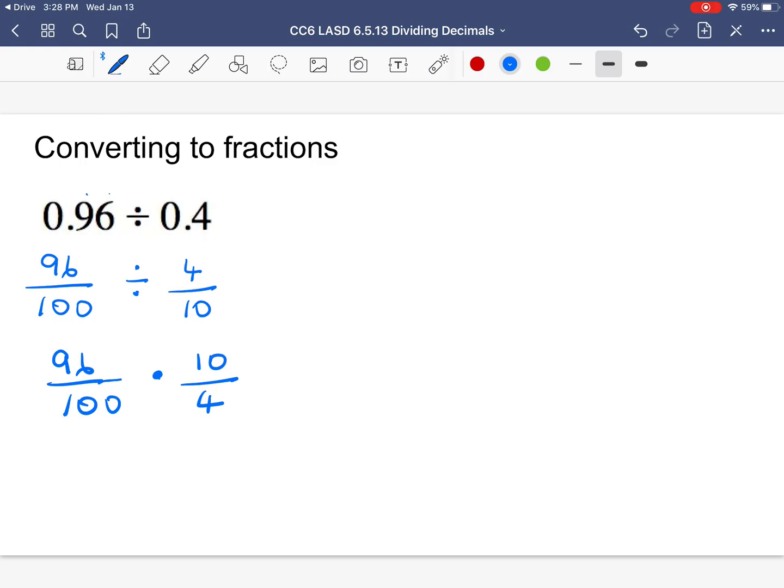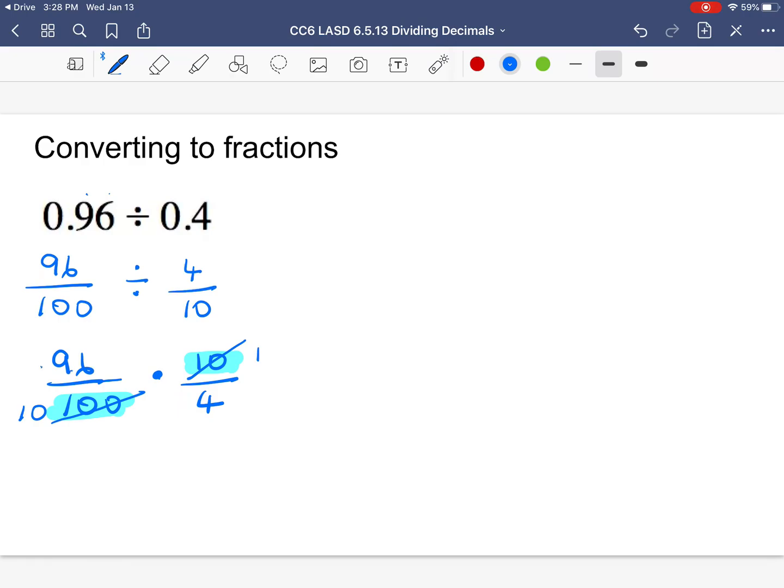And now to do the math here, to make the numbers easier to work with, I'm going to look for common factors in the dividend and the divisor. I can see that I have 10 in the dividend and 100 in the divisor, with a common factor of 10. So I'm going to divide 10 by 10, which is 1, and 100 by 10, which is 10. It just gives me easier numbers to work with.